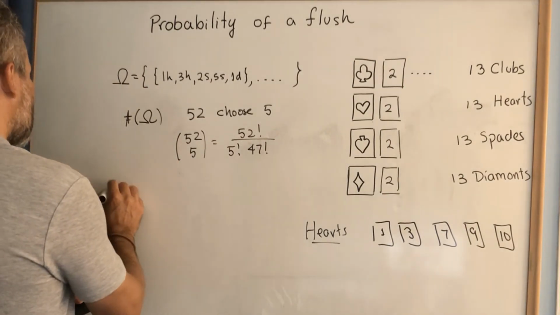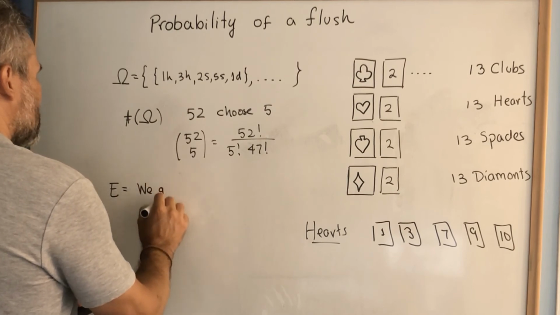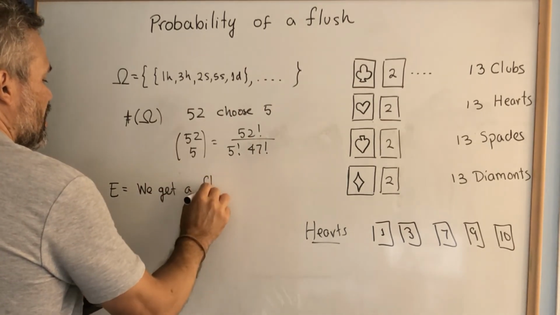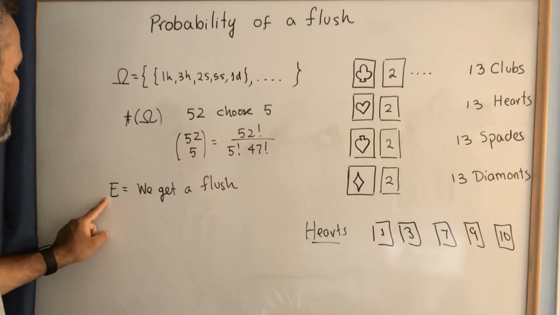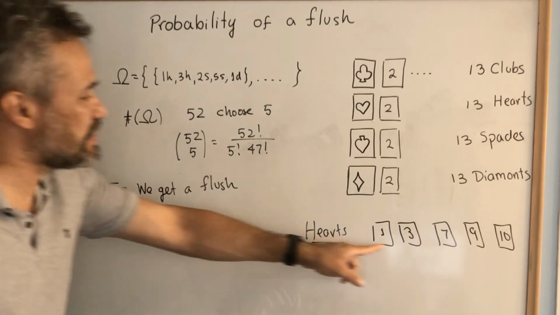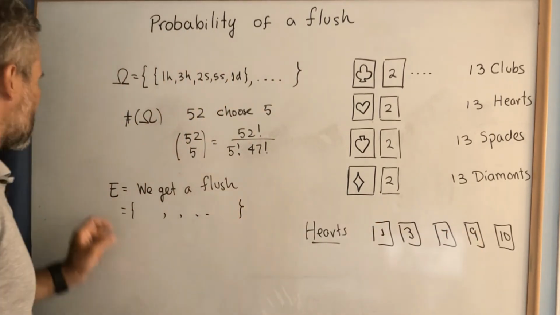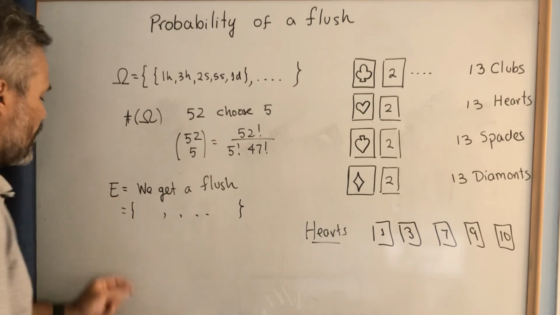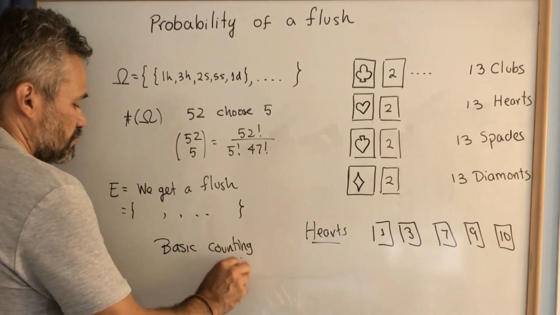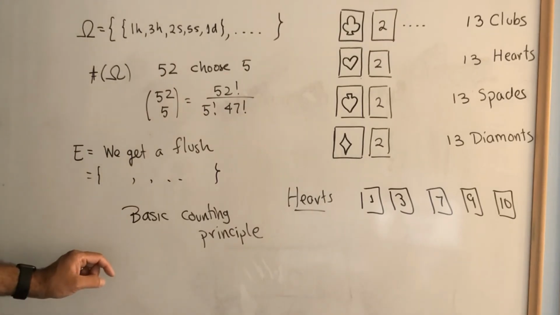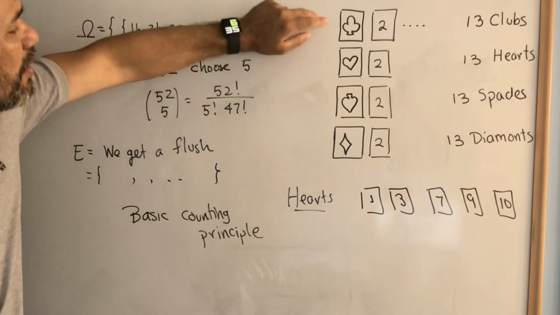Now the event E is we get a flush. Then we need to count how many elements we have here. Notice that this is just one example, but we have a certain amount. To count the number of elements in E, we can use the basic counting principle. The first stage would be to select what type of card we have.